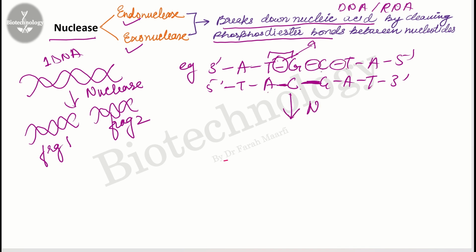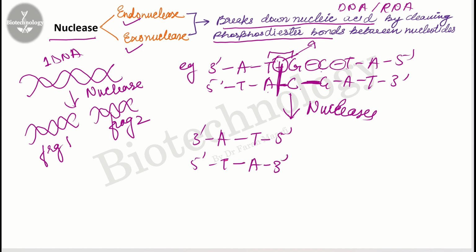When you treat it with nucleases, suppose nucleases cut it somewhere in between this point. So after treatment, you will get the fragment like this: 3 prime, 5 prime, T, A, 3 prime.